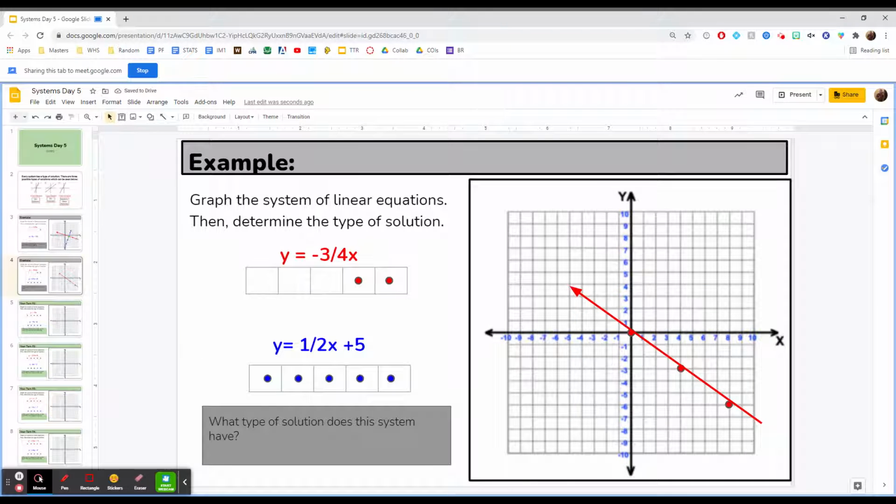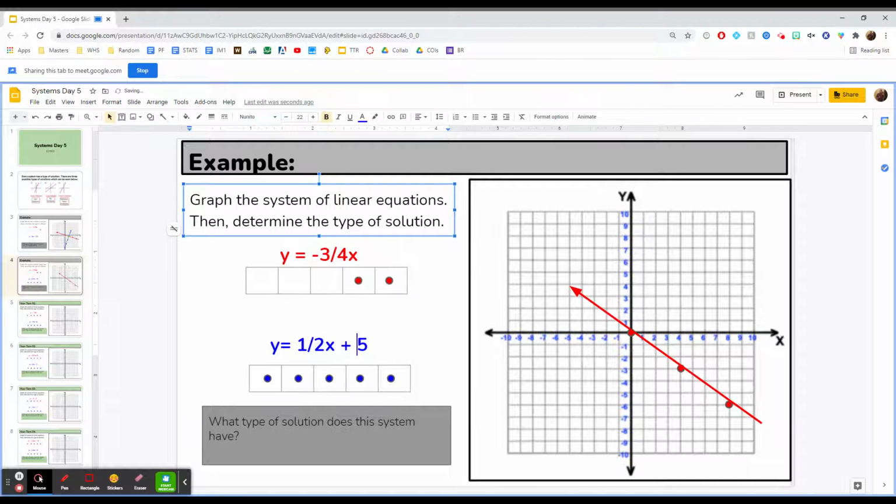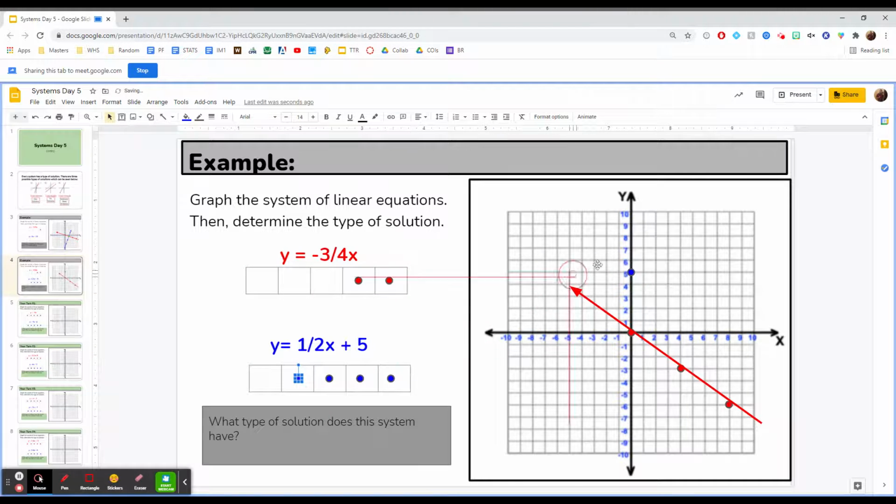Now the second line is y equals 1/2x plus 5. Okay, so my y-intercept is 5 and my slope is 1/2. That means my change in y is up 1, and my change in x is over 2 to the right. So I'm gonna start with the 5.